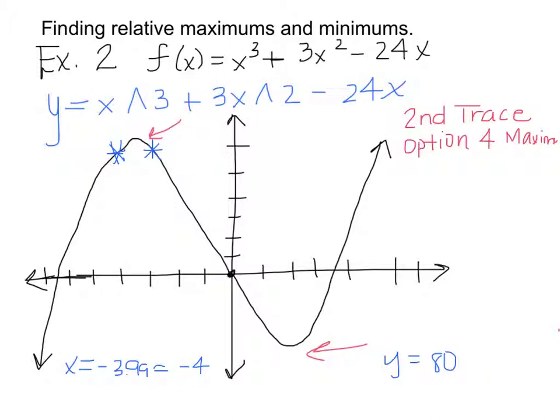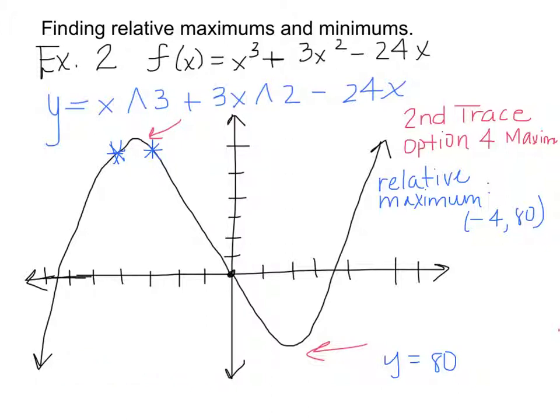So your relative maximum is negative 4 and 80. Okay? And then you'll do the same thing for the minimum.